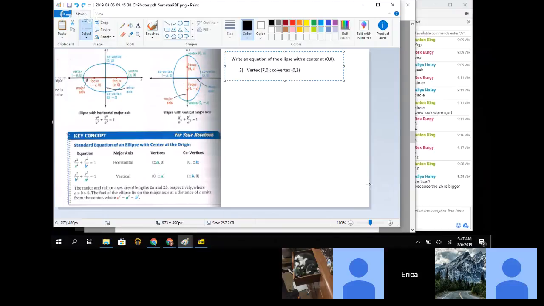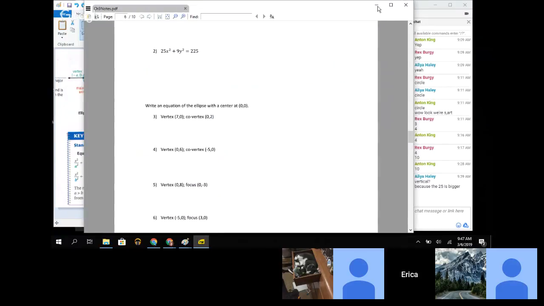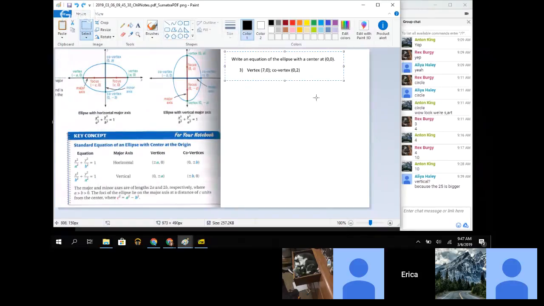You've got your picture right here to the right. So it's going to be horizontal or vertical. All right, Olivia says horizontal in the chat.